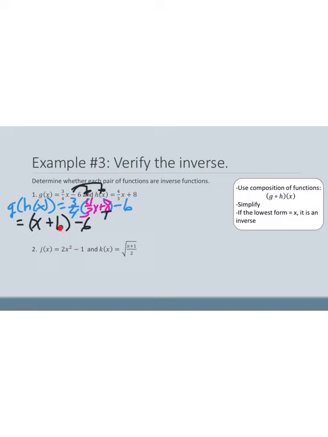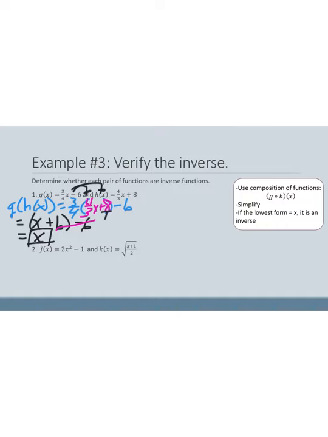Now, doesn't the plus 6 and the minus 6 cancel? Yes. So you are going to show that those are canceling, and you must finish it off with equals x. So do you see how the composition of the two functions gave us a simplified value of x? Now we're going to switch it, and instead of g of h of x, we're going to do h of g of x. So here we go.